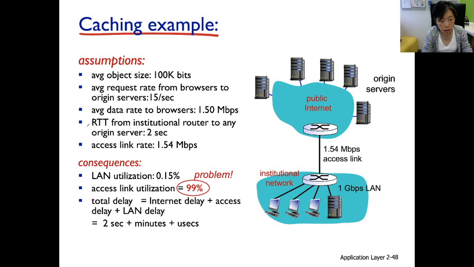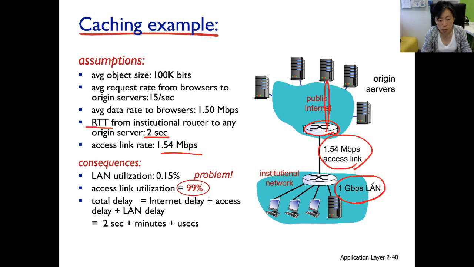Now, the round-trip delay from the institutional router to any of the origin servers and back is set to 2 seconds. The access link rate is 1.54 megabits per second. And the local area network link rate is 1 gigabit per second.